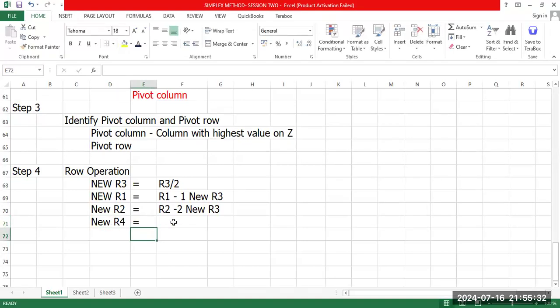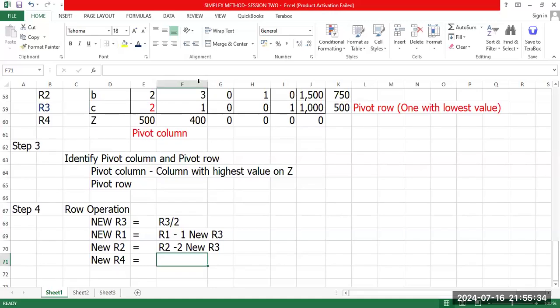Another person can tell me what is new row 4? Let me pick one person here. Mary, you are quiet. What will be your formula here?